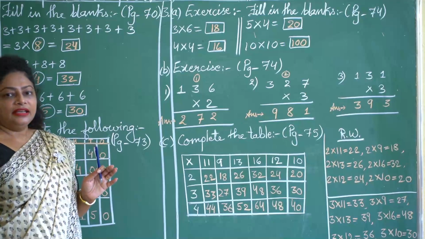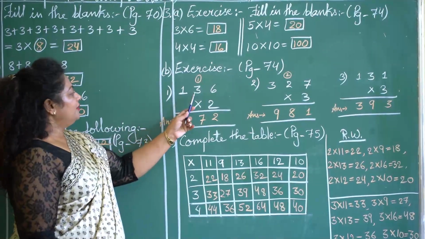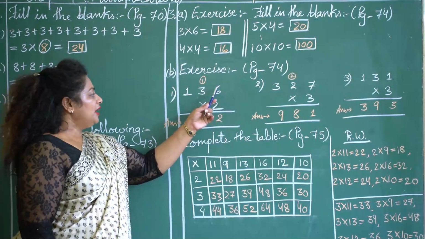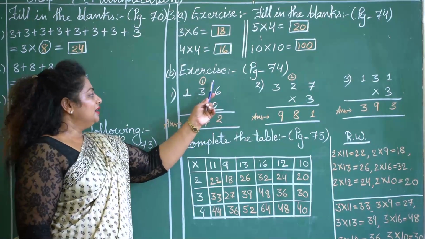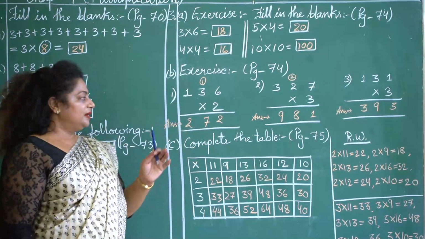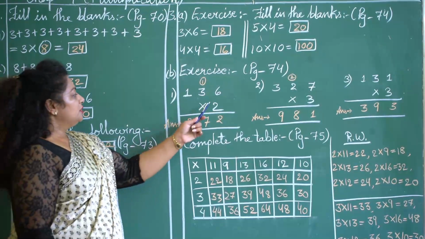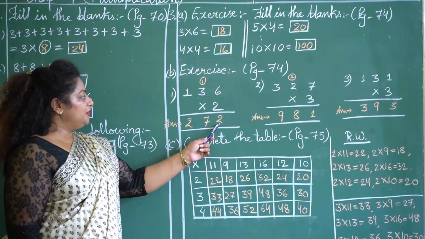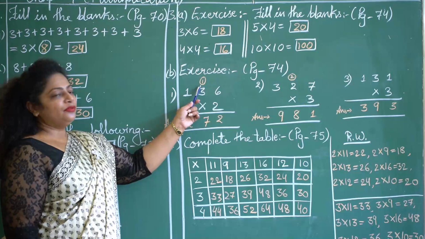The sum given to you is 136 multiplied by 2. Now we have to multiply these three numbers by 2 one by one. Let us see how. 2 6s are 12. So 2 will be written below here and 1 will come on top of 3.